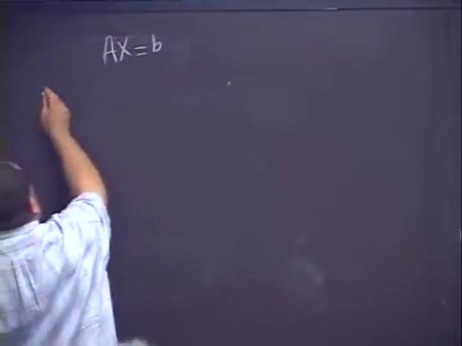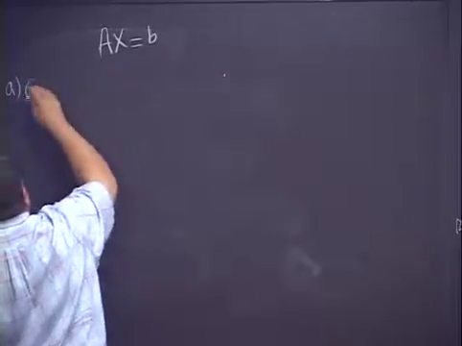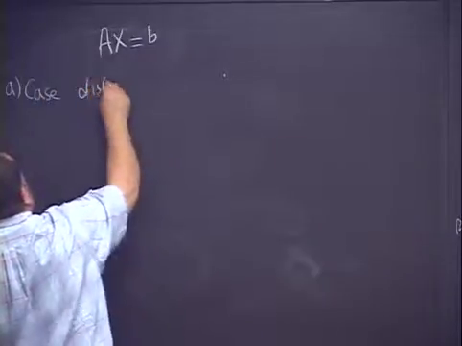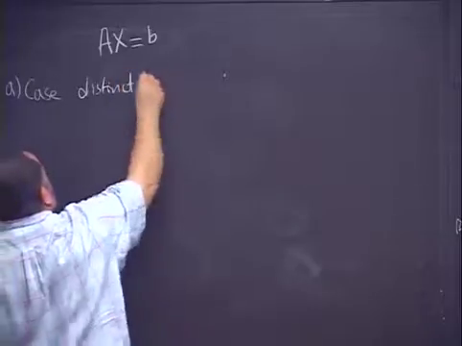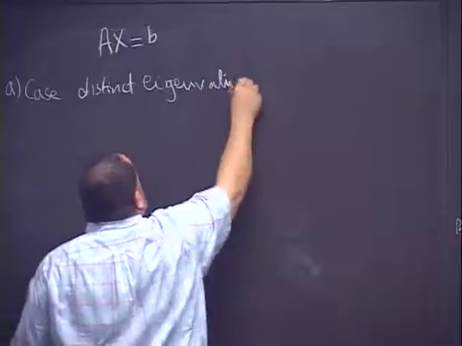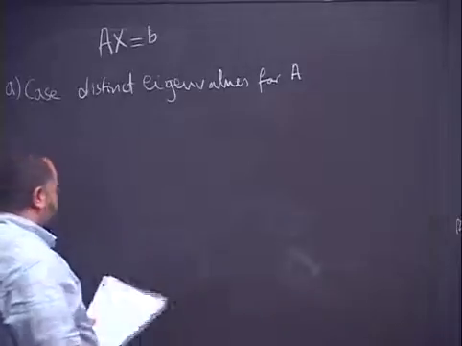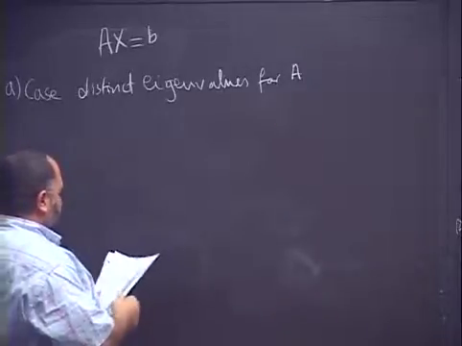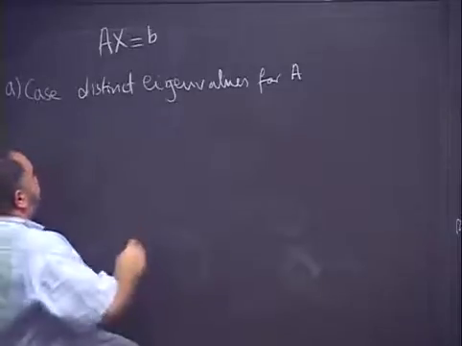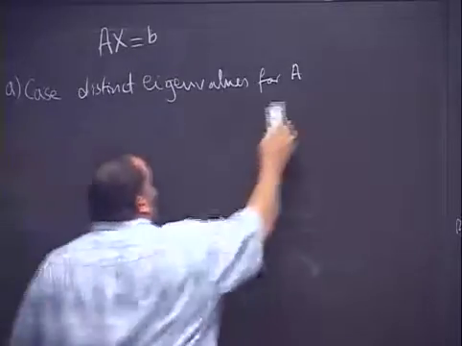If we have for this equation for the matrix A, let's say, the case where we have distinct eigenvalues for the matrix A. So we have distinct eigenvalues. So in this case, there is no degeneracy for the eigenvalues. In this case, for the matrix M, we'll call this the matrix M.